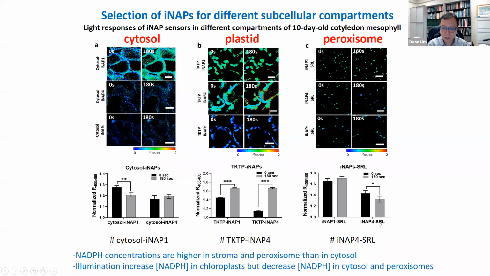So based on this data, we conclude that the NADPH concentrations are higher in plastid and peroxisome than in cytosol, because in cytosol only the high affinity sensors are responsive, whereas in the chloroplast and peroxisome, the low affinity sensors are more responsive. Another observation is that illumination increased NADPH concentration in chloroplast, but decreased NADPH concentration in cytosol and decreased NADPH concentration in peroxisome.